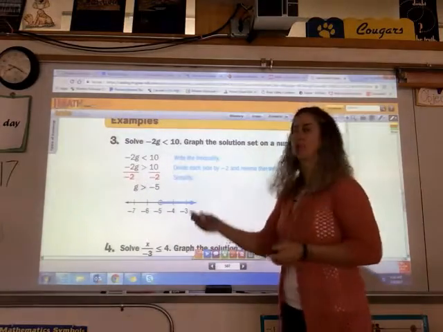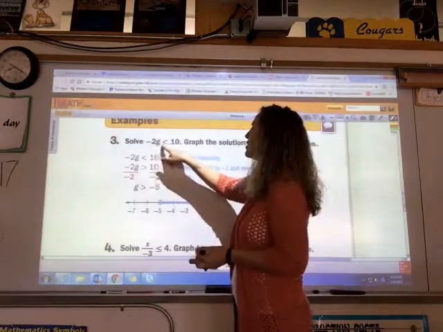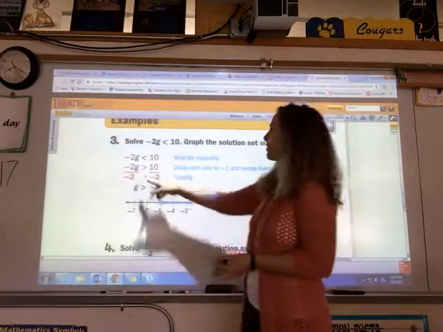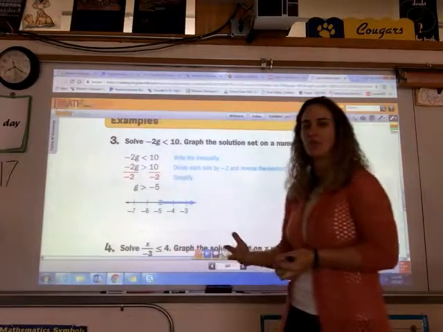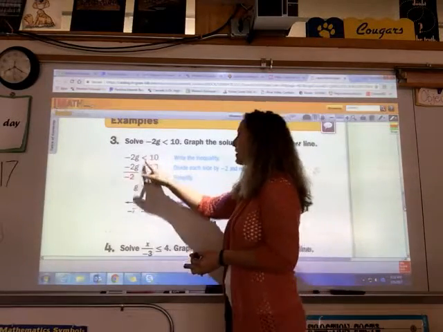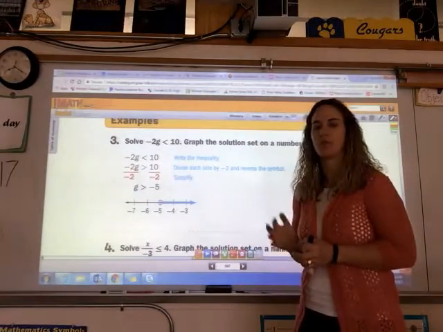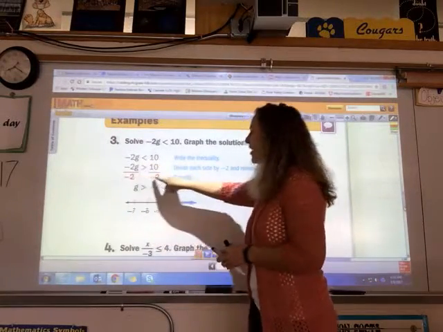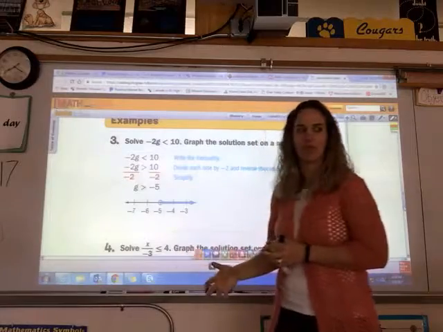Let's take a look at example 3 here. Negative 2g is less than 10. When I solve this inequality, I'm going to divide both sides by negative 2. Because I'm dividing by a negative number, I have to make sure that my inequality symbol is reversed. So it was a less than symbol. Because I'm dividing by negative 2, it now becomes greater than.